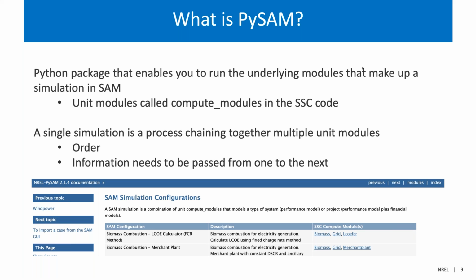So the first two that show up are the biomass combustion with the LCOE calculator or the biomass combustion with a merchant plant. So I'll be referring to these as configurations. And each one of these has a set of unit modules that are run.